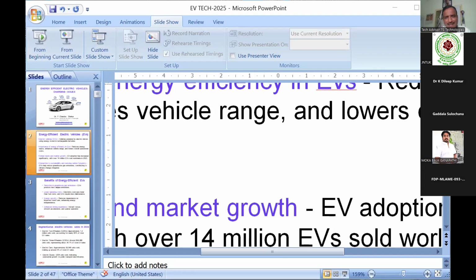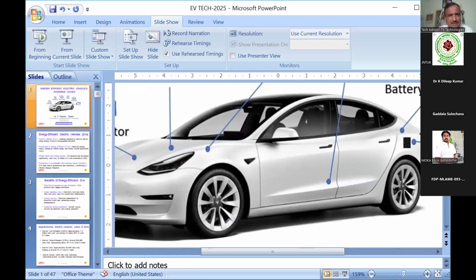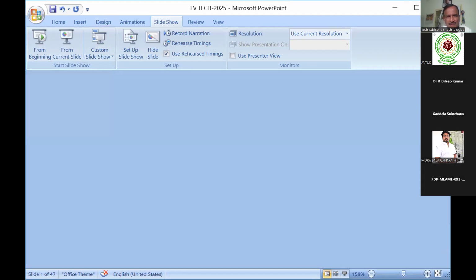Now it's showing full. Slideshow is not showing, sir. The command is F5. F5, sir. Function key 5. No, to get on screen, share screen. Share screen.